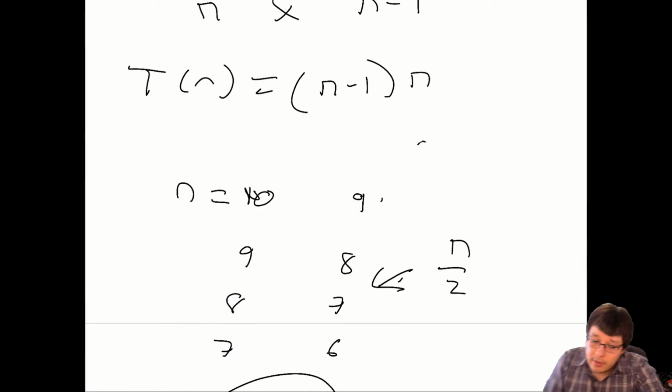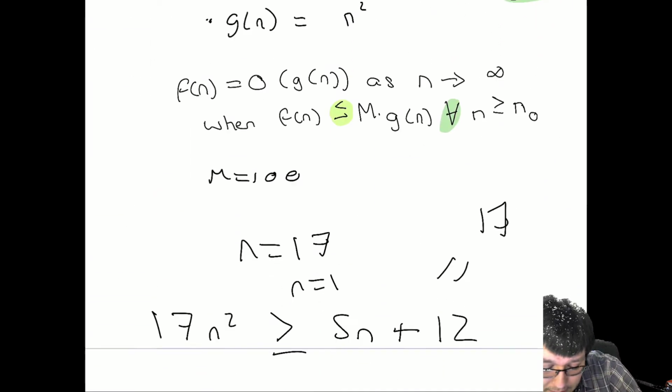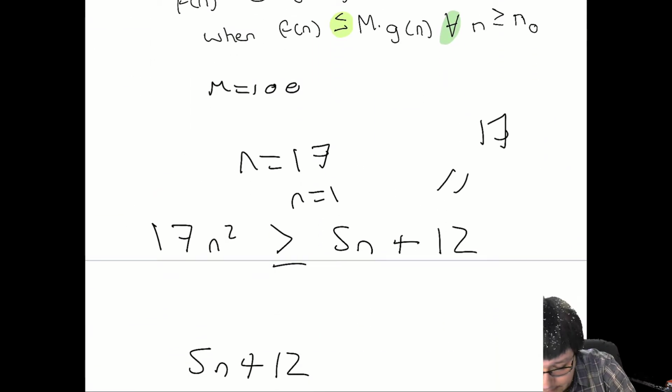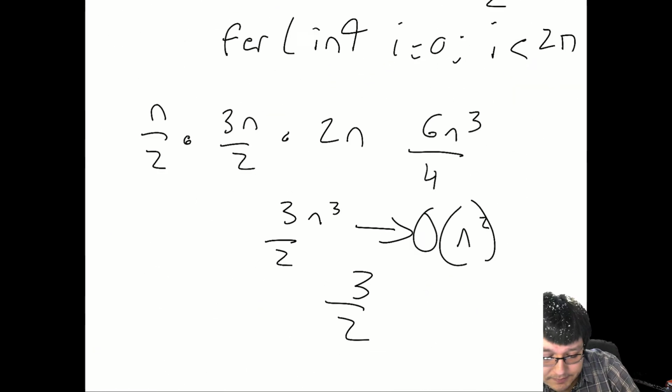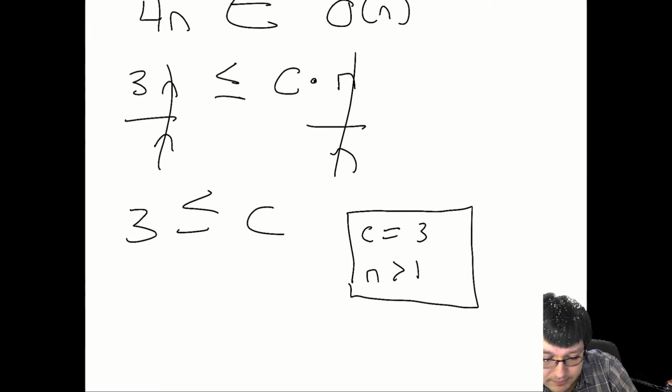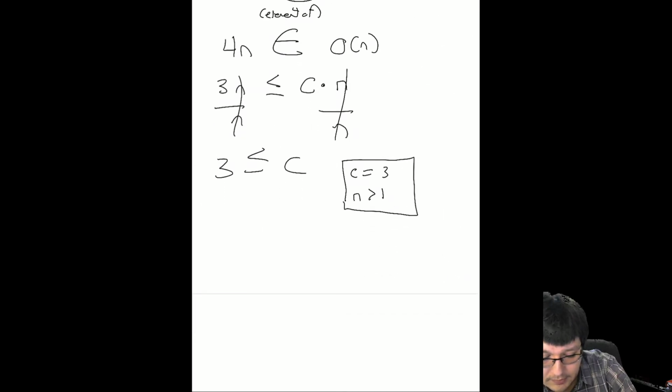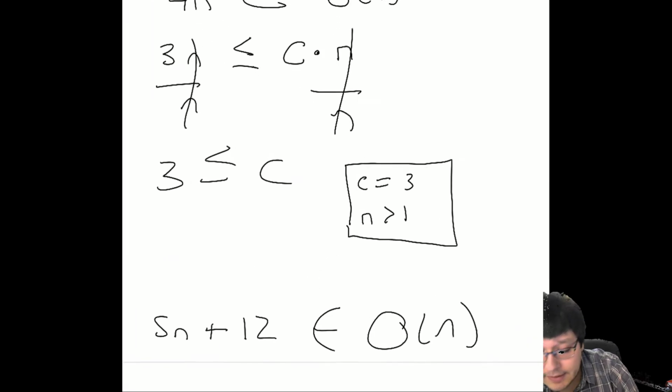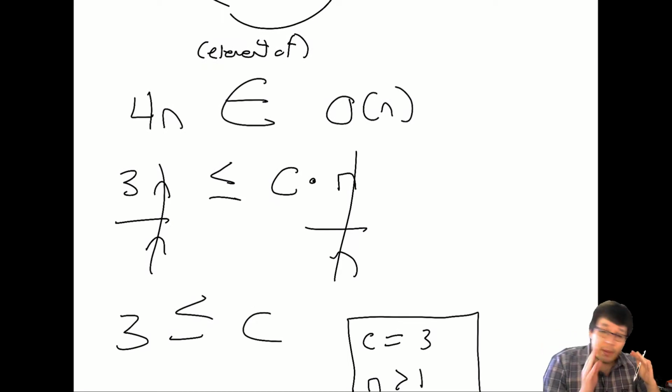So now let's go back and look at the original one that we did. I think it was 5n plus 2, okay? So let us say that we want to represent this as an element of, I don't know, O of n. And by the way, again, I want to emphasize this.